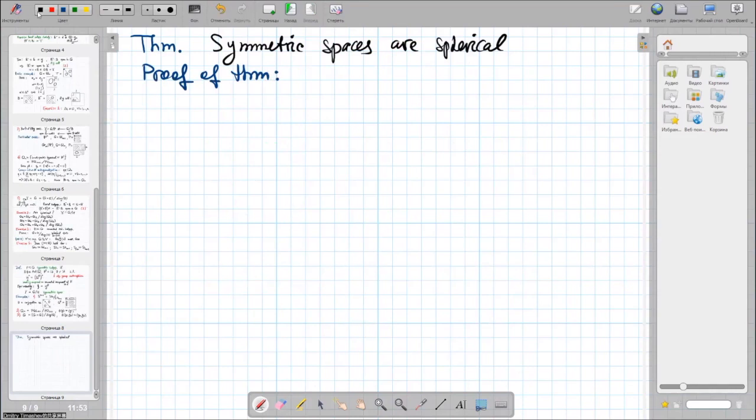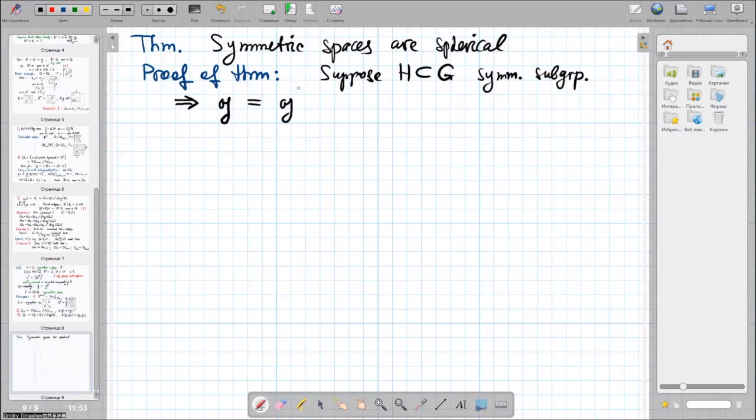Suppose H is a symmetric subgroup in G. Then, as it was observed by one of you, the automorphism theta acts on the Lie algebra of G, or better to say its differential acts on the Lie algebra of G, and g decomposes as the direct sum of eigenspaces for this automorphism.